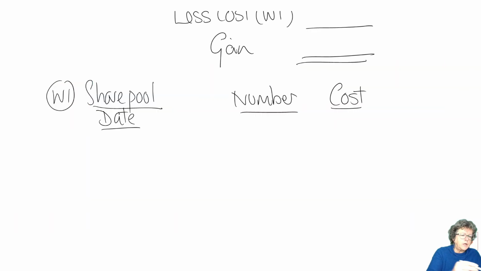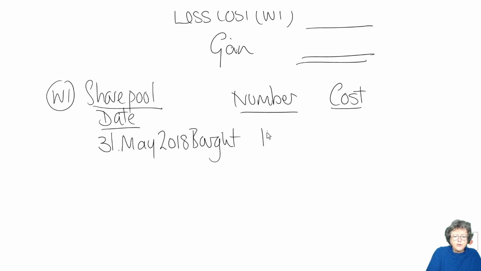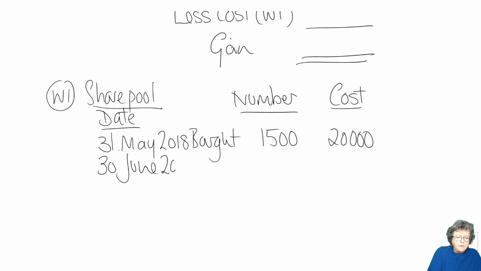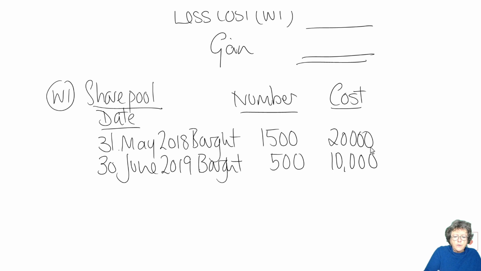So we're going to start with 31st of May 2018, when we bought 1,500 shares and the cost was £20,000. Then on the 30th of June 2019, we bought some more, 500 shares, and they cost us £10,000. So we now own 2,000 shares, and the total value of those shares is £30,000.